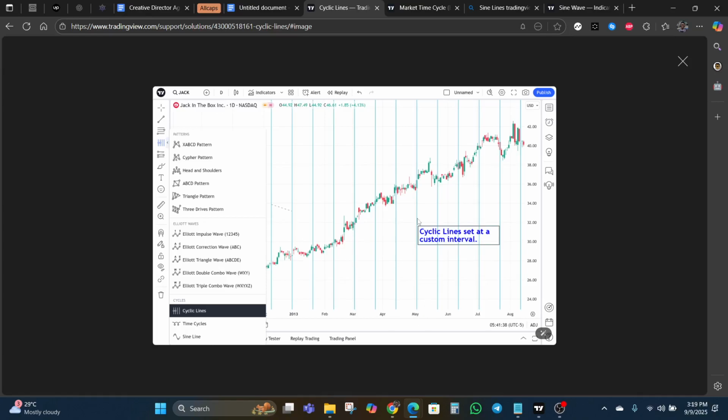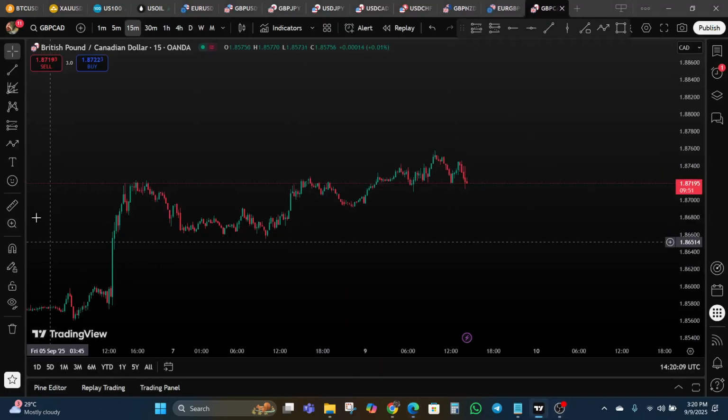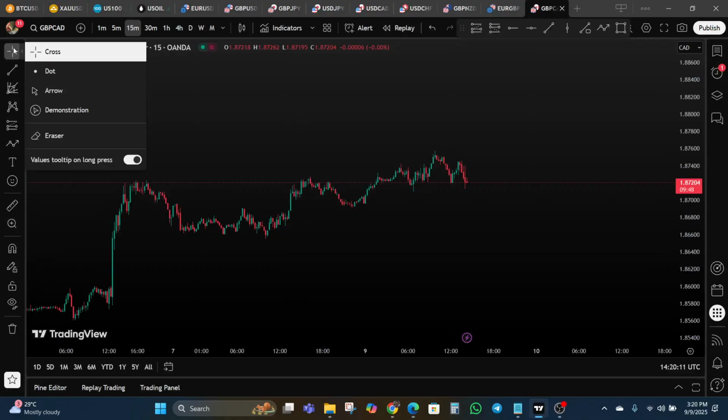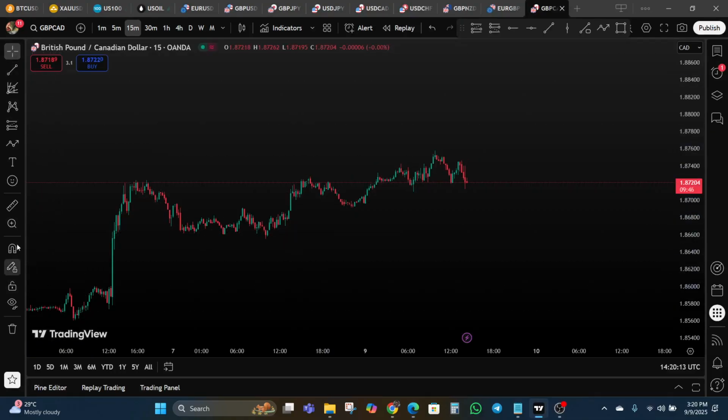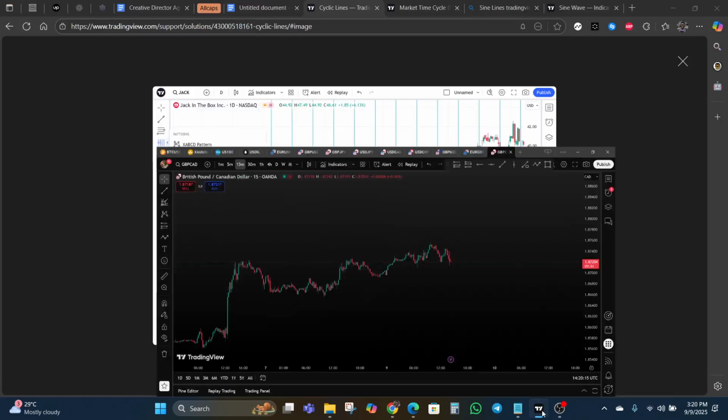You can take advantage of this indicator. You highlight the first two lines and then project it into the future, anticipating an occurrence of those patterns in the future, right?